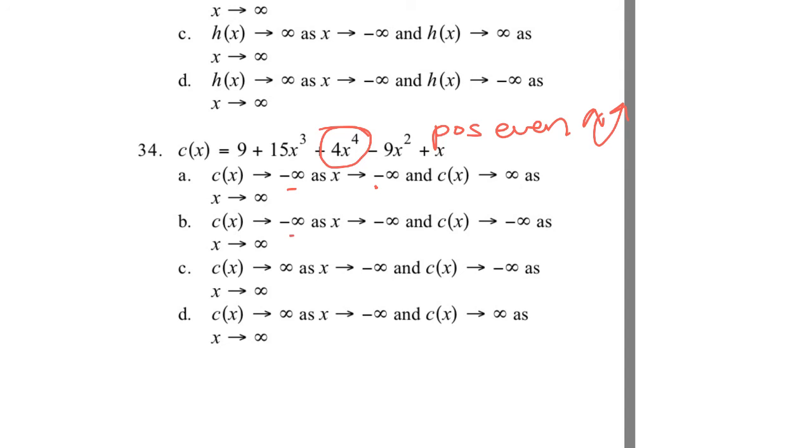A is not true, negative and negative, so it's not A and it's not B. C is positive infinity at negative infinity, and negative infinity at positive infinity, which would be like that, so that's not correct. So D is positive infinity at negative infinity, and positive infinity at positive infinity, so the function is positive in both directions, and that is letter D, your answer. And that is all.